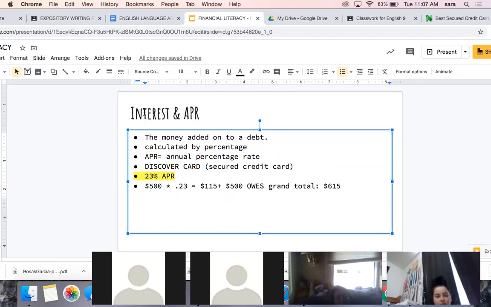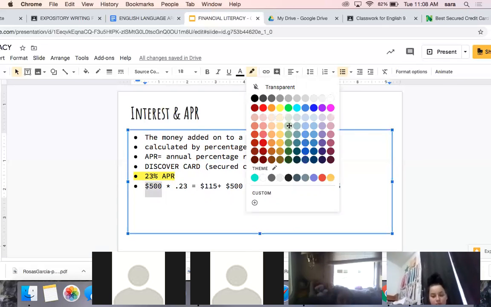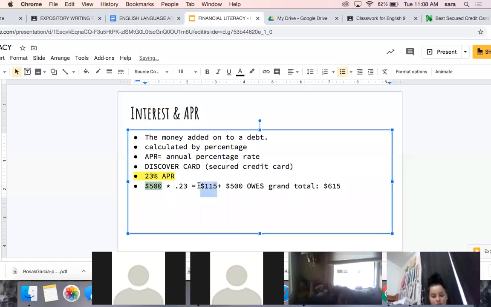So again, interest works by calculating the percentage of the debt. How do you do that? You multiply. All I did was move the decimal two places so that it's 0.23, right? And now I'm multiplying my debt times 0.23, which gave me 115. Now what I do is I add that into the original debt. So let me highlight them in green so you can see what I'm doing.